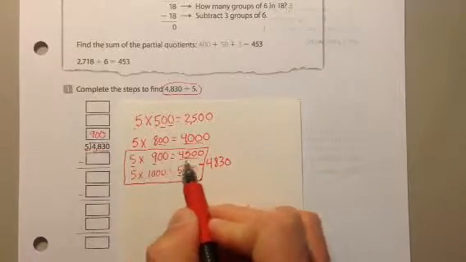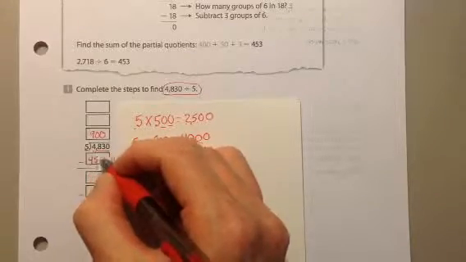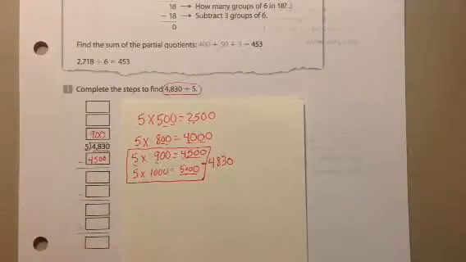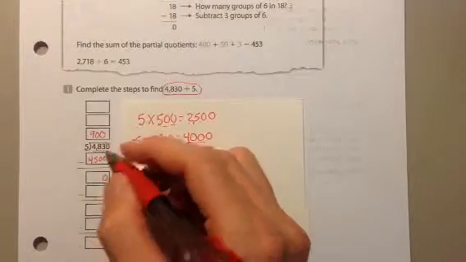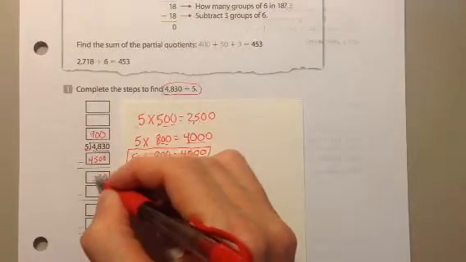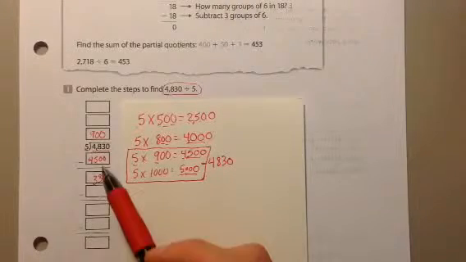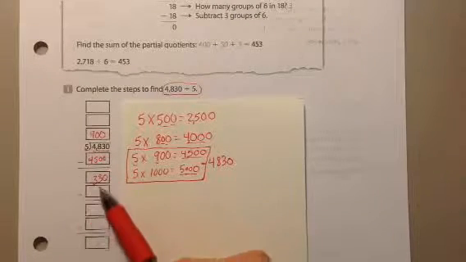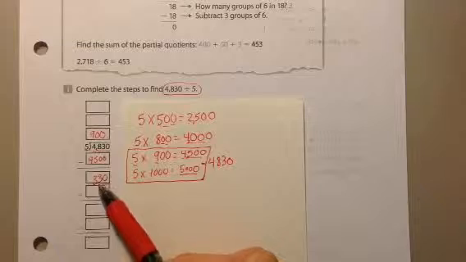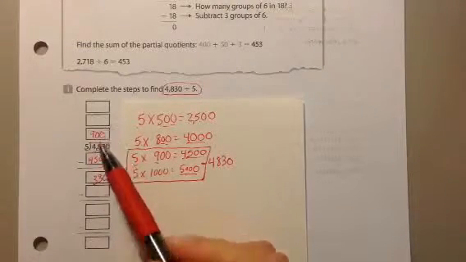We already did that work over here, so I write 4,500 below that. Next, I just subtract as if it's a normal division problem, and I end up with 330. Now I have to ask myself, 5 times what number will get me 330, or 330 divided by 5 is what number?